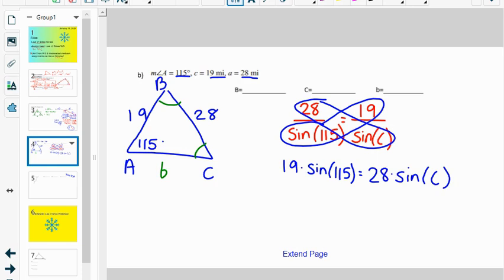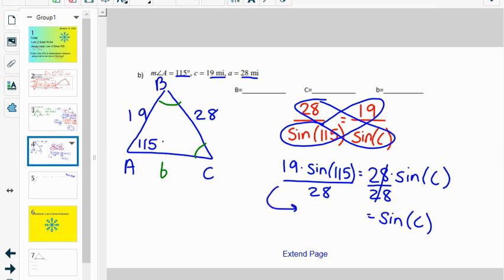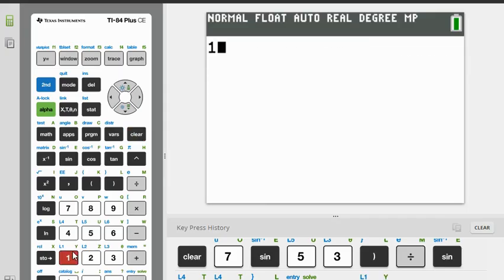All right, so our goal here is to solve for C. So let's start by moving the 28 to the other side. So sine of angle C. And then let's go ahead and type this in our calculator to get our decimal. 19 sine of 115 over 28.